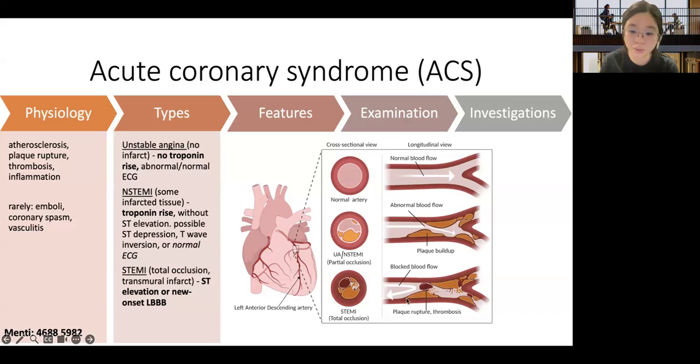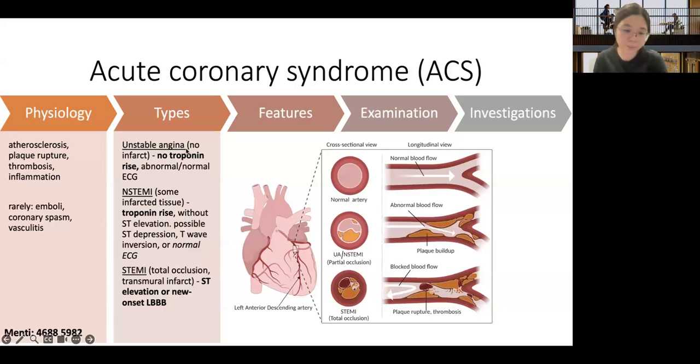But if it's a total occlusion, which causes the entire heart wall to be infarcted, which is why it's called a transmural infarct, it's STEMI, which is more severe. You'll see later that our management is more acute, you would want to treat it more quickly. Unstable angina.